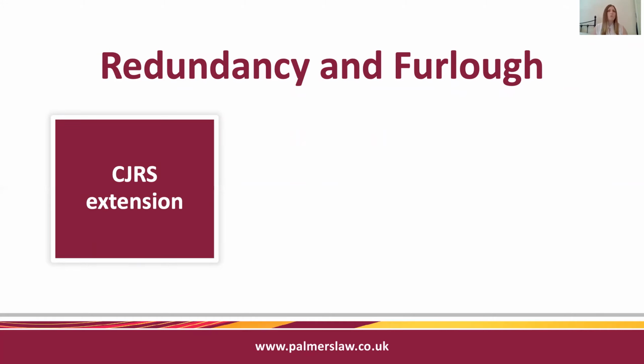So from August, employers will have to contribute both the national insurance and pension contributions. From September, they would also have to contribute 10% of that employee's wage, and in October, finally, when the scheme ends, the employer's contribution will go up to 20%.